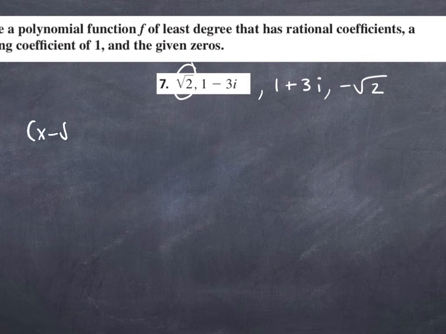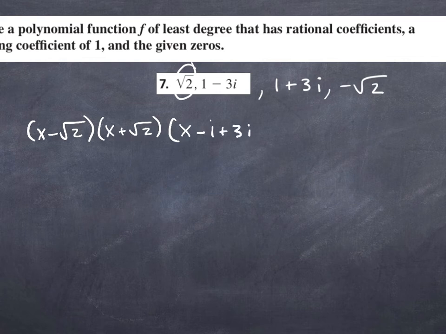So x minus square root 2, x plus square root 2, x minus 1 plus 3i, and x minus 1 minus 3i.